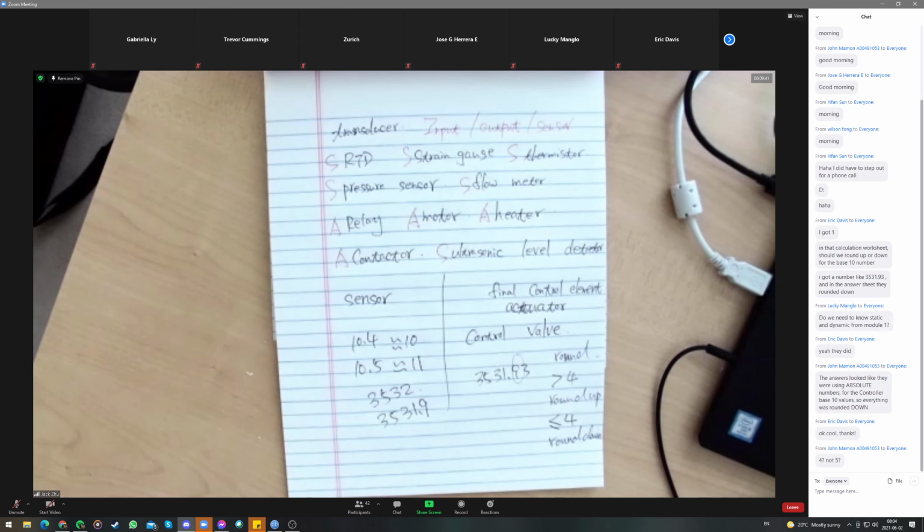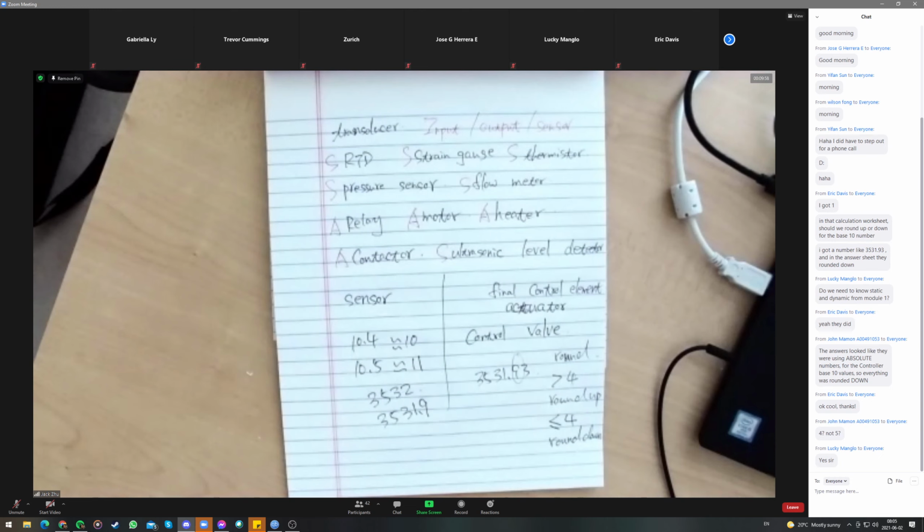Another question, I think from Lucky. Do you need to know static or dynamic from module 1? Rick, on rounding up and rounding down, I've always been taught that 0.5 was the point at which you round up. Yeah, so if it's larger than 4, a 5, you round up. If it's a 4 and below, you round down.